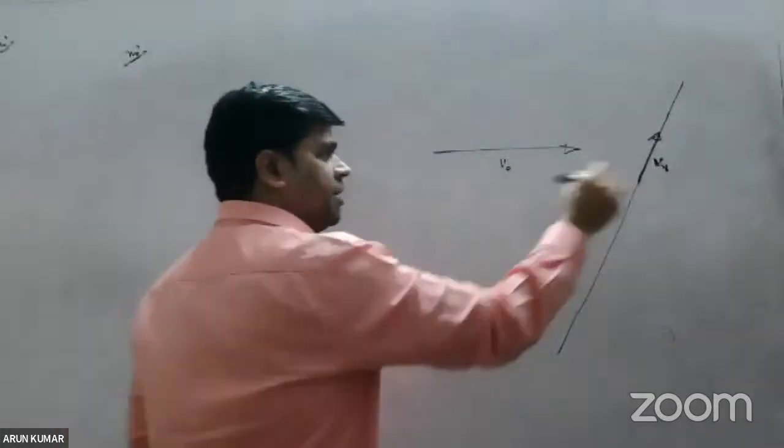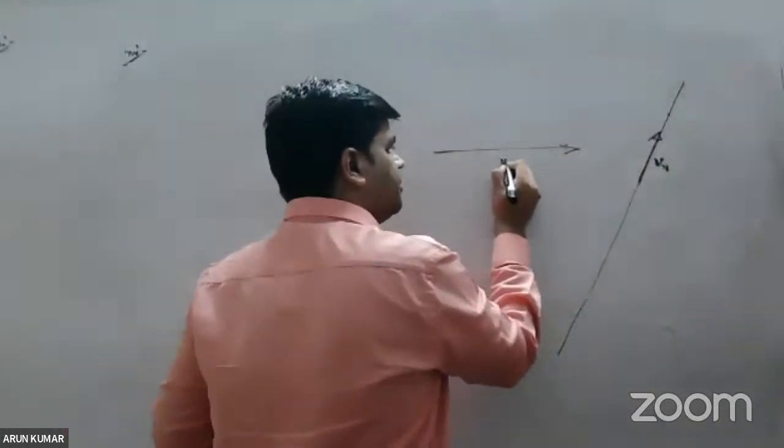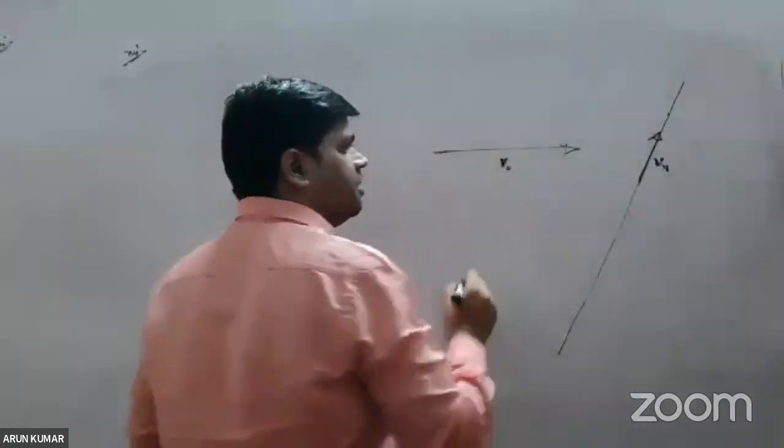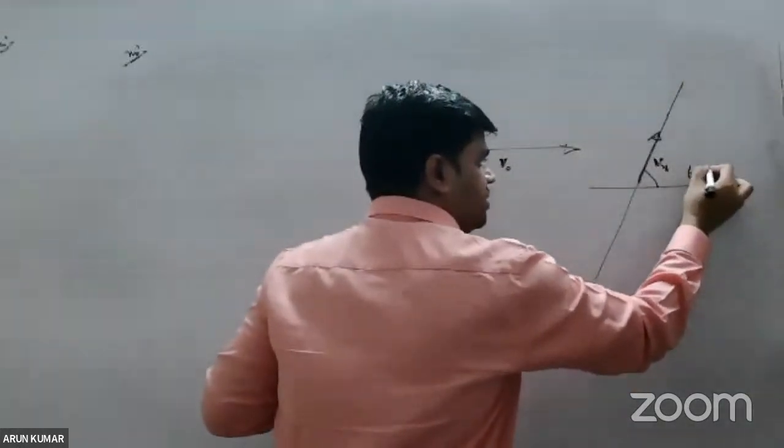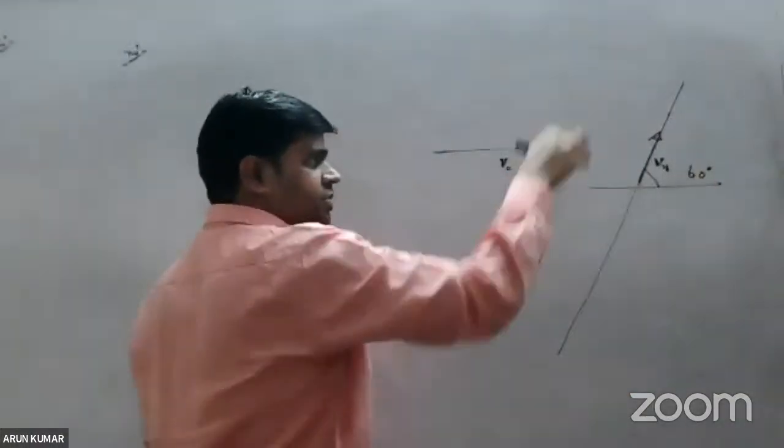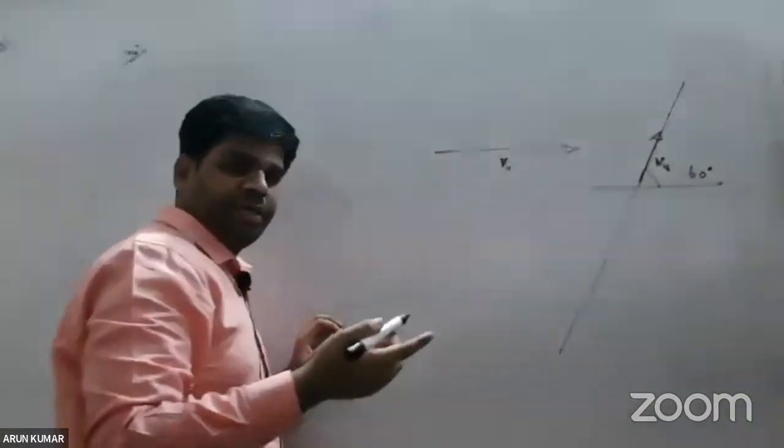I mean, magnitude is vx, and this magnitude is v naught. So these are two different vectors. This angle is constant, line of action is constant, so direction is constant, but magnitude is varying.